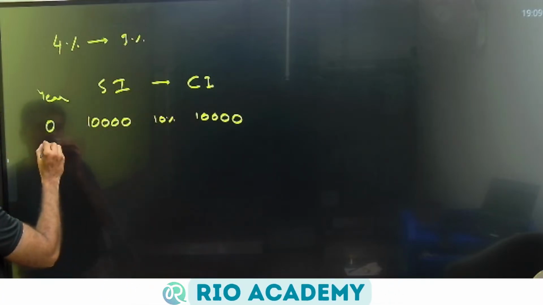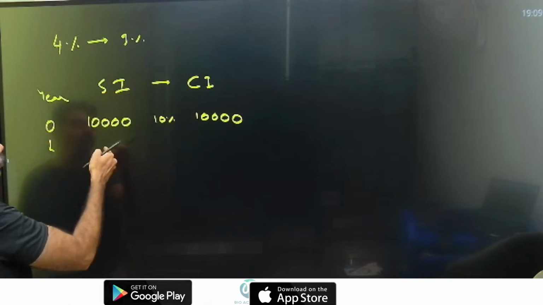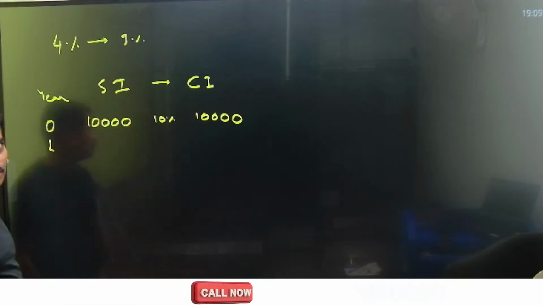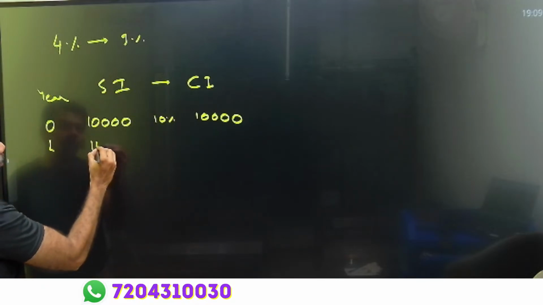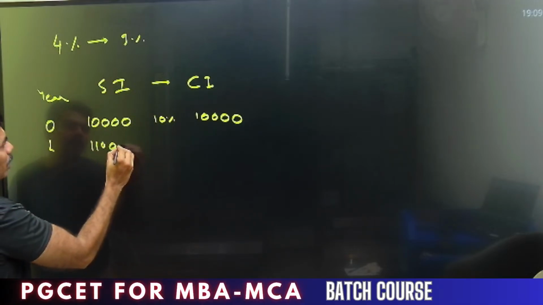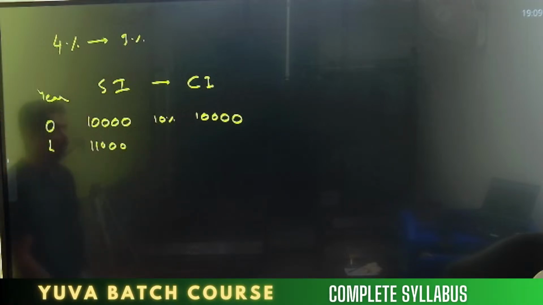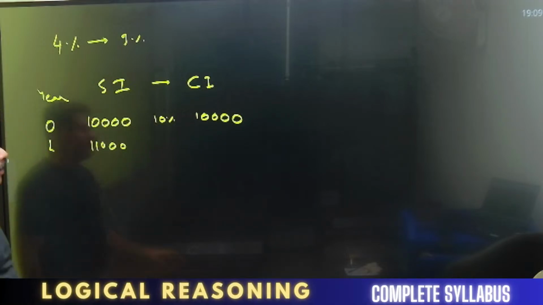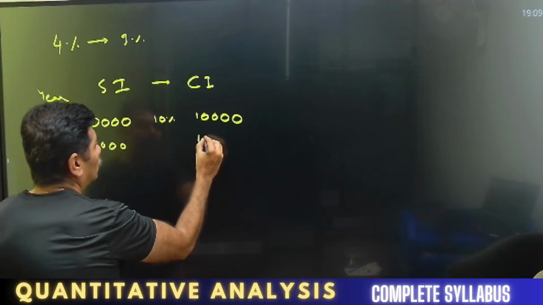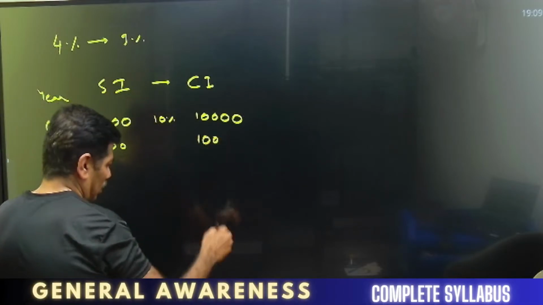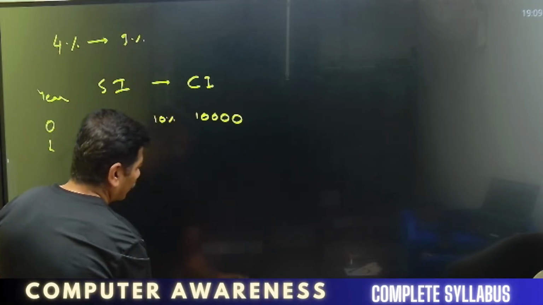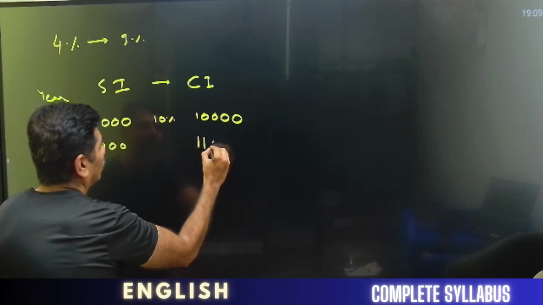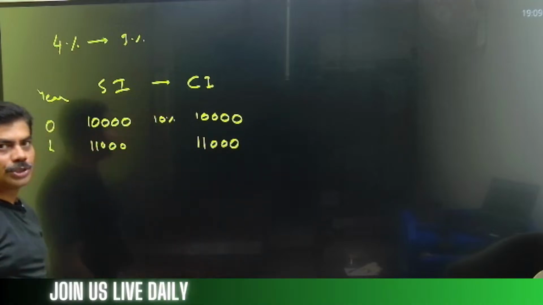Now very next year, that is after 1 year, according to simple interest, 10% of 10,000 is nothing but 1,000 rupees. Now how much will be my total amount? It will be 11,000. And in compound interest also, it will be 11,000 at the end of first year.